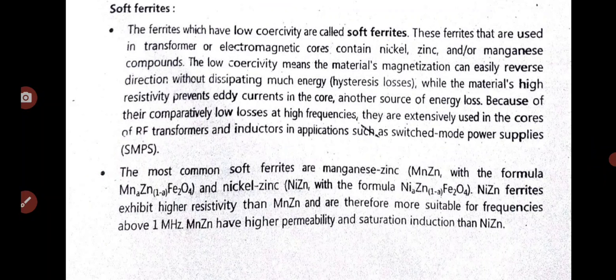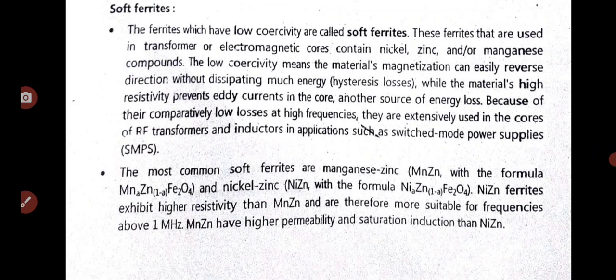The material's high resistivity prevents eddy currents in the core, another source of energy loss.